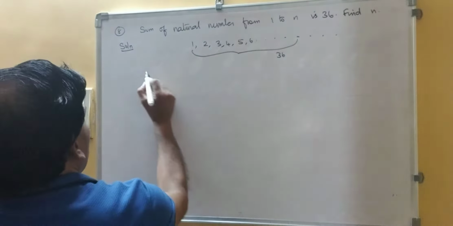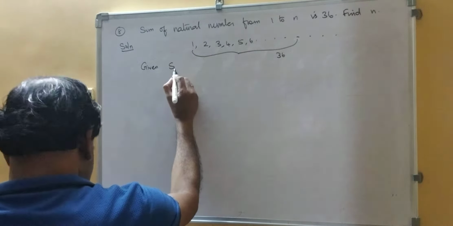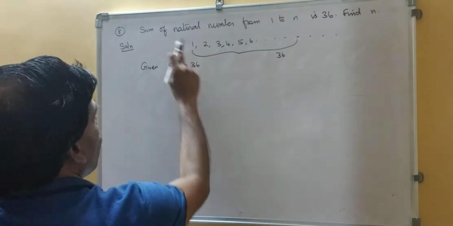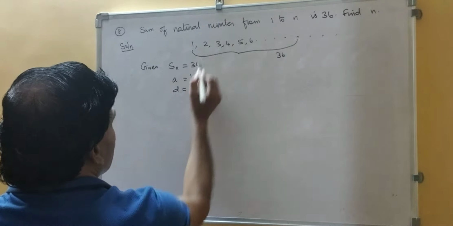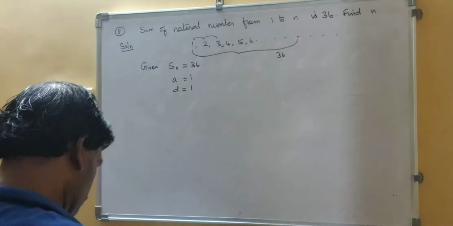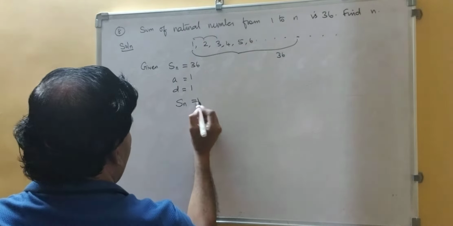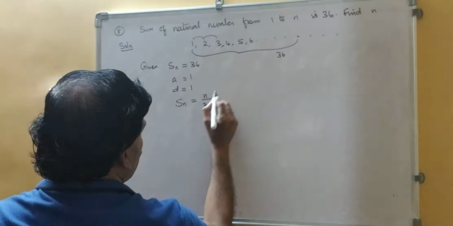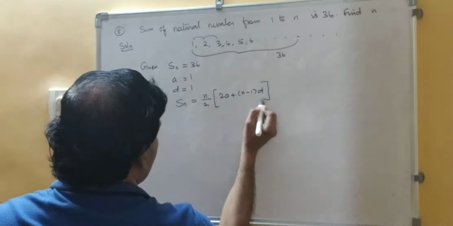So what is given first? Sn equal to 36. Now what is a? You know the natural number, 1. What is the difference? 1. Since you know a and d, we will write the Sn formula. Sn equal to n by 2 into 2a plus n minus 1 into d.